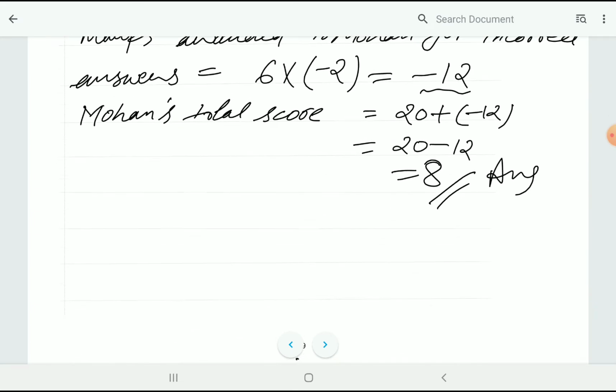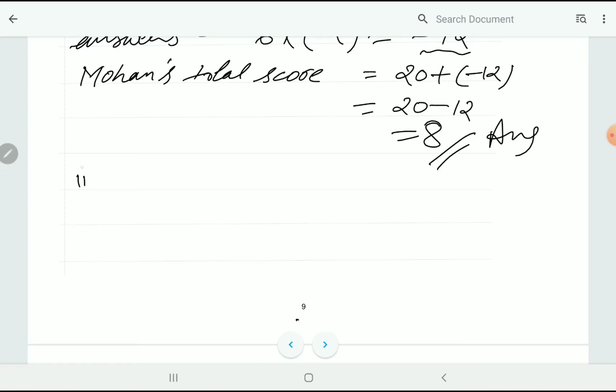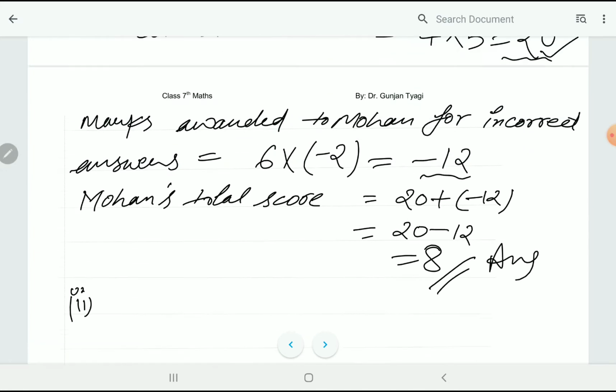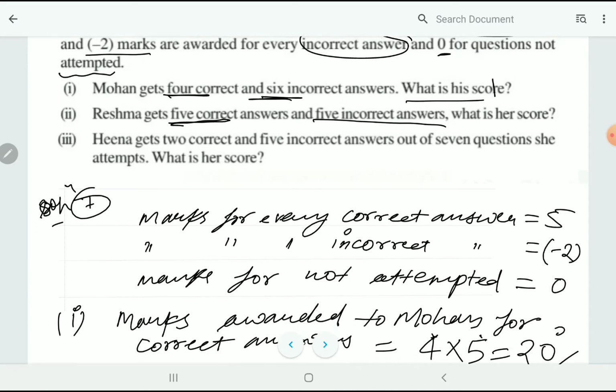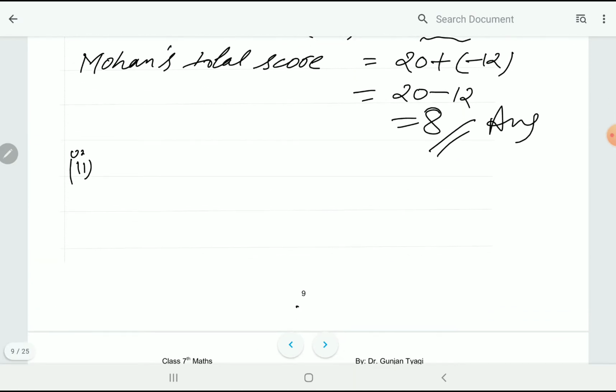First part is done. Let's do the second part of the same question. Let's read the question. Reshma gets 5 correct answers and 5 incorrect answers. We will have to calculate her marks.